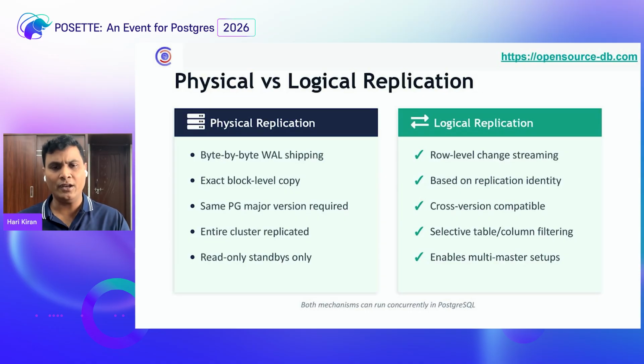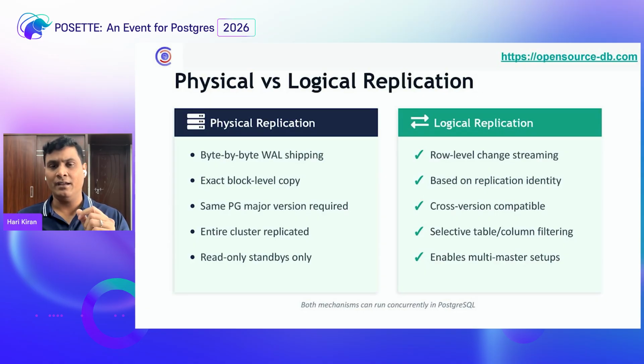In contrast, logical replication works slightly differently. Instead of copying raw bytes, it streams the row level changes based on the replication identity, typically the primary key. This gives you some really powerful properties. You can replicate across different Postgres major versions. You can selectively choose which tables and even which columns or rows, thanks to some of the row filtering features that were introduced in the latest releases.